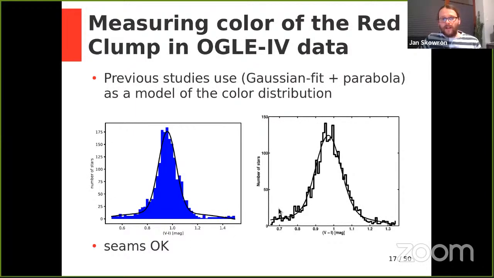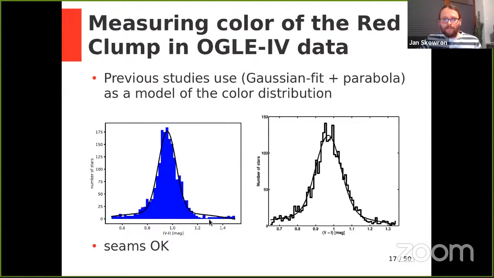And these are examples of two such histograms from previous studies. Those previous studies, Skowron et al., Haschke et al., and others as well, used some simple, typically Gaussian fits to find the color of the red clump. So you can see they both used a Gaussian fit plus a parabola.